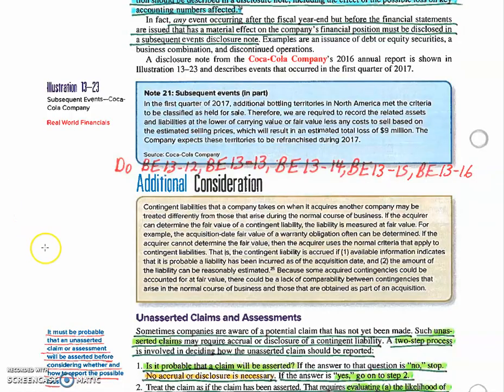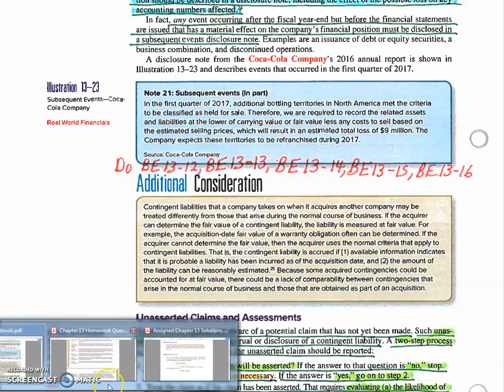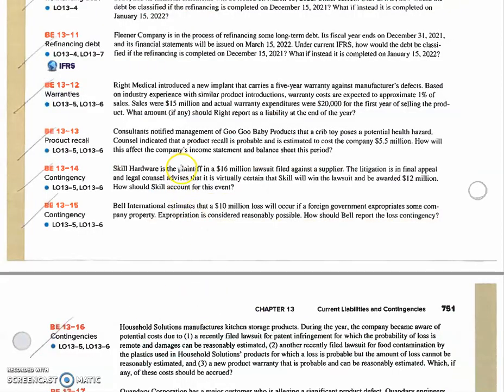All right, so we have several homework problems. Let's see how far we can get with 12, 13, 14, 15, and 16. So 12, Wright Medical introduced a new implant that carries a 5-year warranty against manufacturer's defects based on industry experience with similar product introductions.